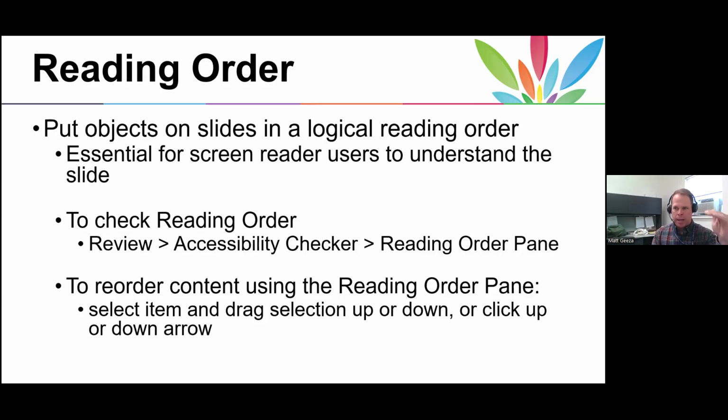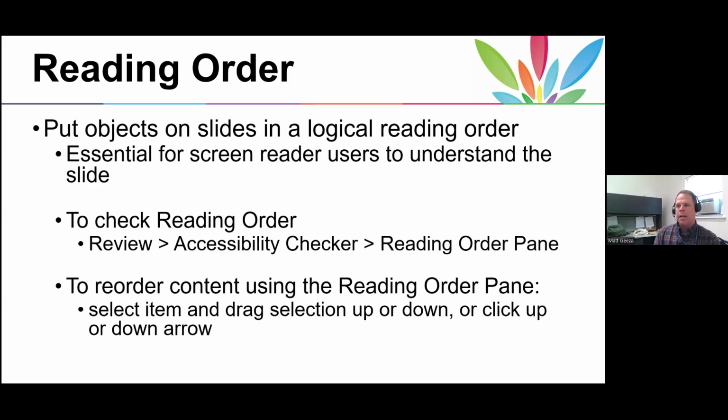So it'll read the slide title first and then the bulleted content, or whatever the content is that's on the screen. But if you've started to add different elements and you're customizing the slide a little bit more beyond what's available in the template, then chances are you're going to want to review the reading order and check it to make sure that the content is going to be read in the order that you would want.